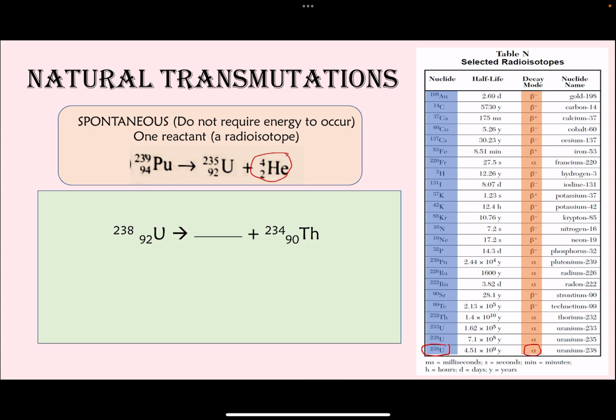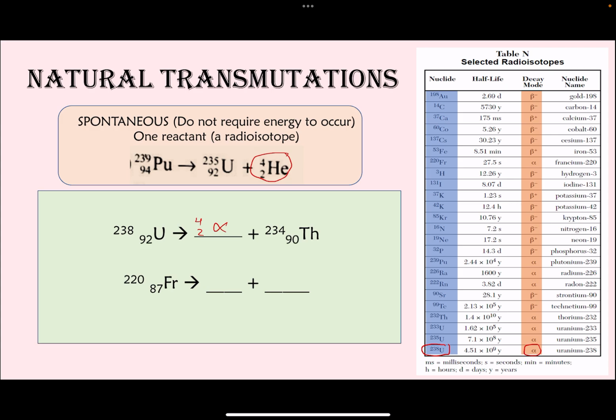So we do 238 minus 234, that gives us 4. And then 92 minus 90 gives us a charge of 2. So you look at your decay particles table, Table O, and you see which decay particle has a mass of 4 and charge of 2. That turns out to be your alpha particle. Okay, so that's how you do this.